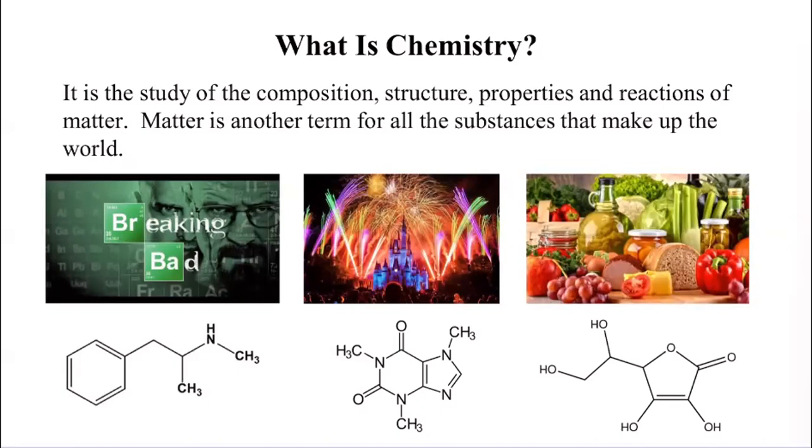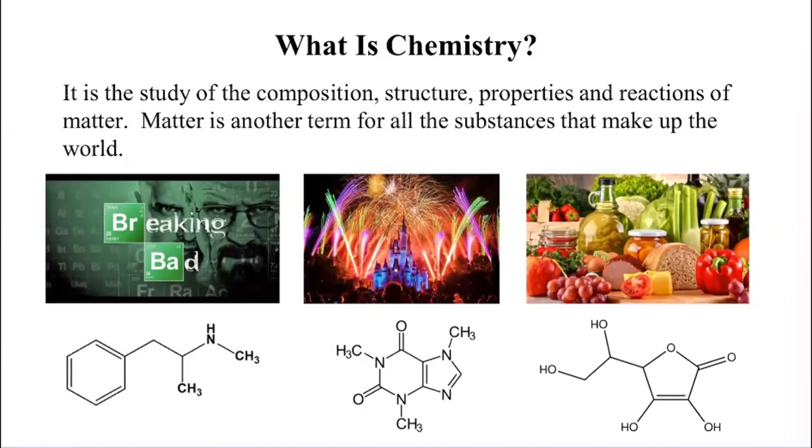For example, the second image that you see here in the slides is actually a firework display. I think this is Disneyland, not Disney World, but as you can see, there's the castle right there. Those fireworks and the colors that you see there, and soon, in about a few weeks, we're going to be participating in, for those of you that want to see it, the fireworks at 4th of July.